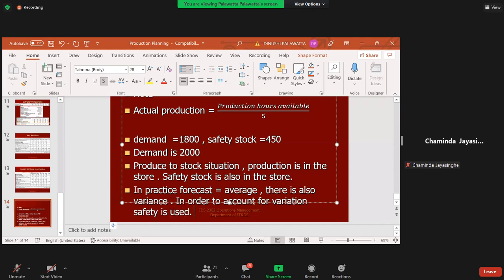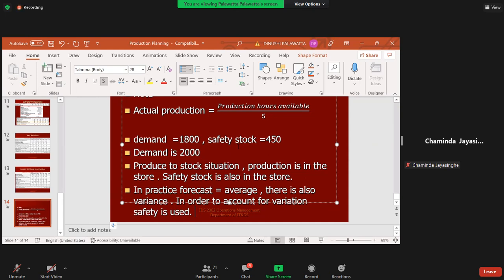So when you get numbers like these, there is demand variation. Sometimes demand goes up, sometimes it goes down. If it goes up, you supply from safety stock. Otherwise, safety stock is kept in the inventory.